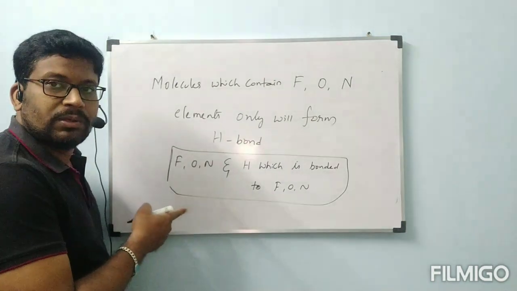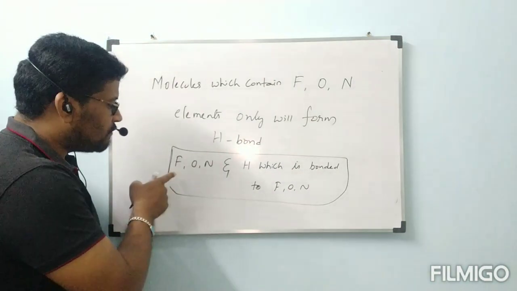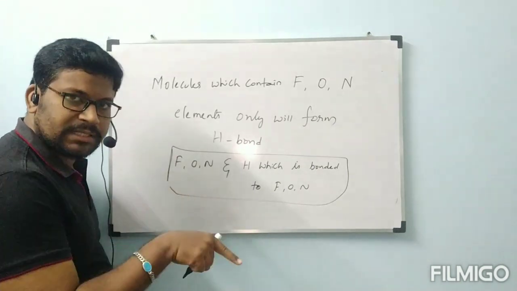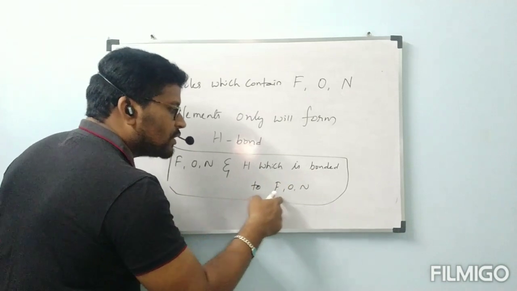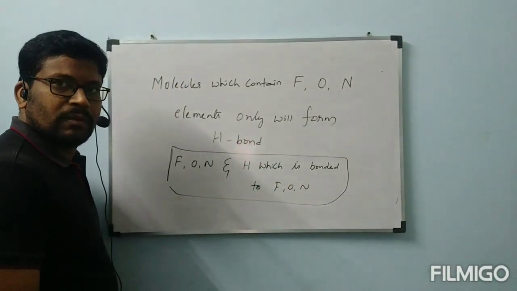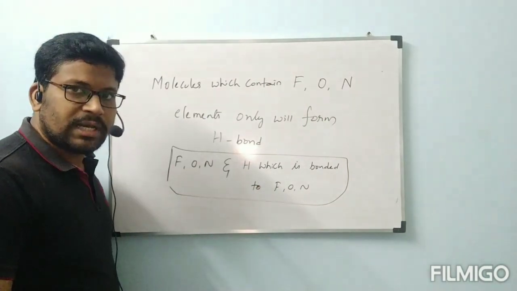This is the condition to form hydrogen bond. Once again I am reading: fluorine, oxygen, nitrogen must be present, and hydrogen must be bonded to fluorine, oxygen, nitrogen.